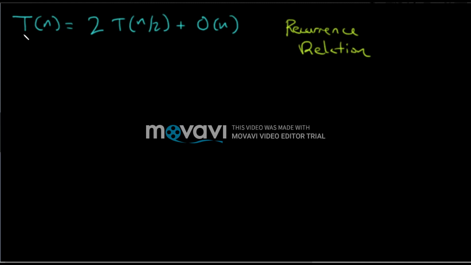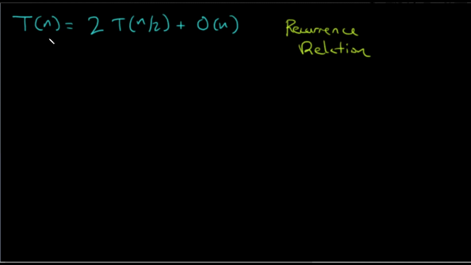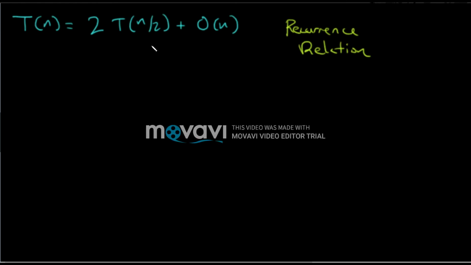It said that the runtime for Mergesort on an array of size n was equivalent to the runtime of two merge sort calls, each on an input half the size, plus some linear amount of work, plus O of n.